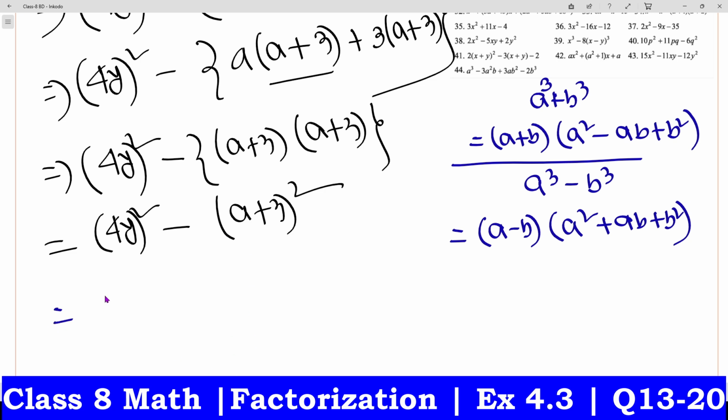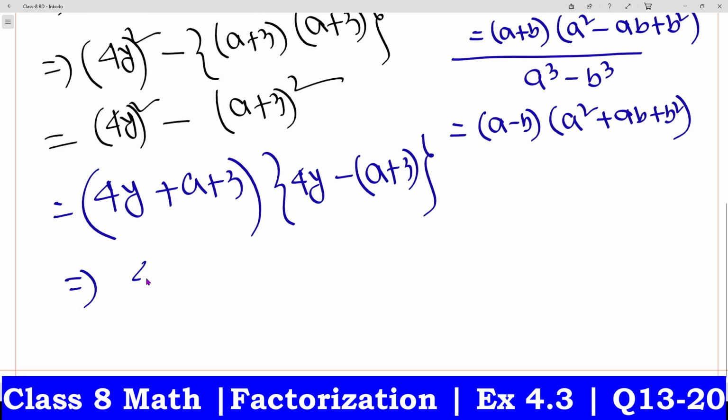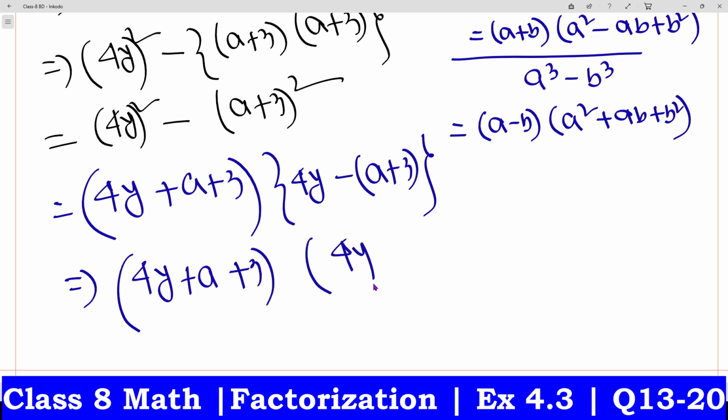We can write 4y plus a plus 3 and 4y minus a plus 3, and it will become 4y plus a plus 3 and here is 4y minus a minus 3.